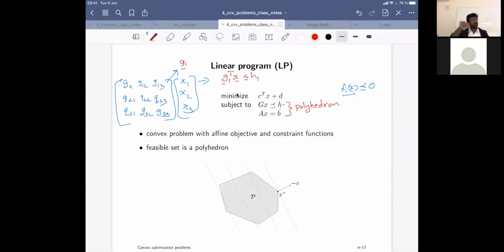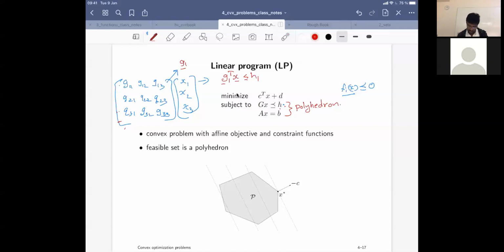Like that, we have different rows. Each row of the matrix gives you the coefficients corresponding to each inequality. How many rows are there? Three rows, so you will have three different inequalities. Affine inequalities, so that means you will have three half spaces.